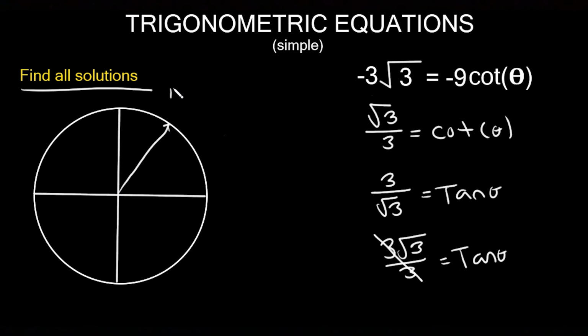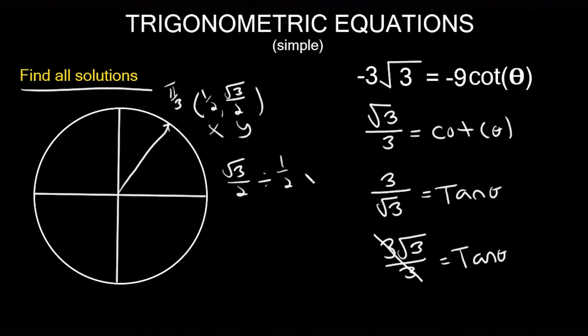So I know at pi over 3, my values are going to be a half and the square root of 3 all over 2. And we know that tangent is going to be opposite over adjacent, or in other words, sine over cosine, or y over x, right? So if I do y over x here, I get the square root of 3 all over 2, and then divided by 1 over 2, right?